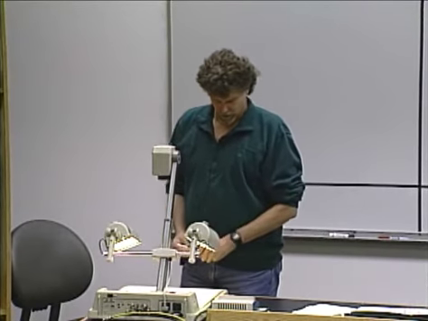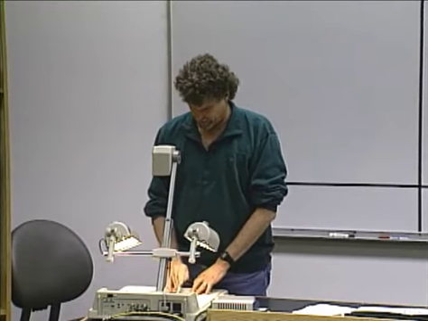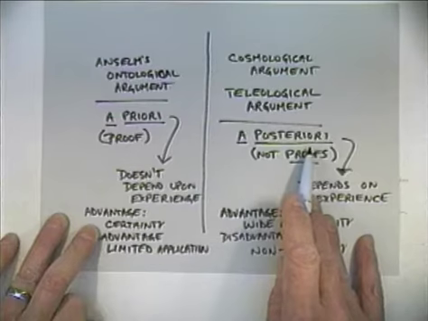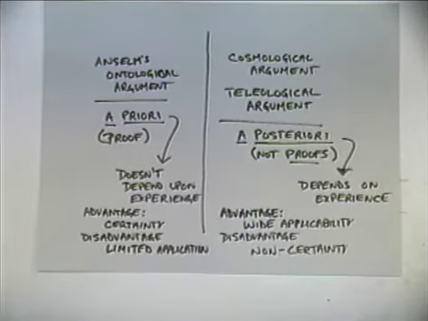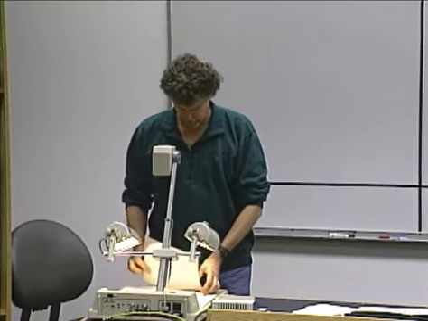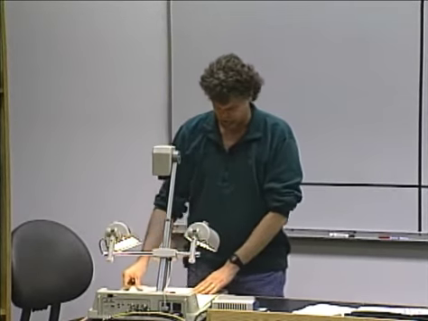Okay, these concepts of a priority and a posteriority. These will be important later, so I want you to remember those things. And now let me move to the cosmological argument.